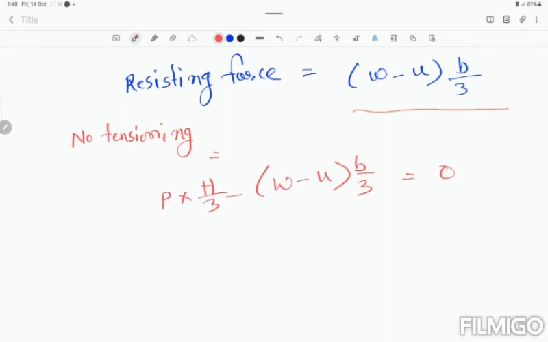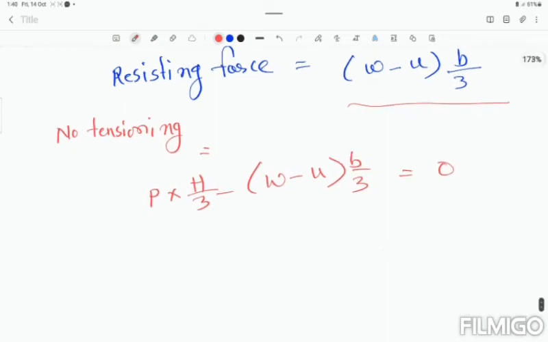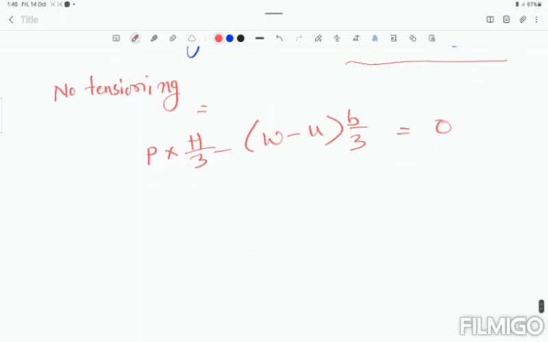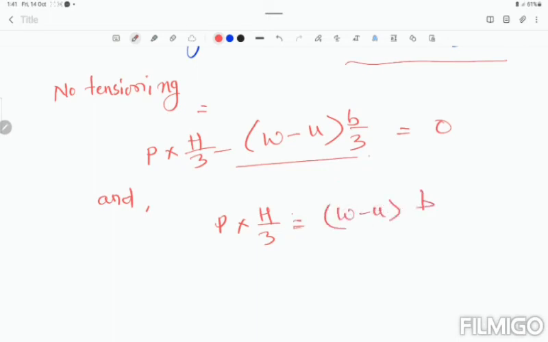Then the forces of equilibrium are satisfied and no tensioning condition arises. Simplifying the formula, when we shift the terms, we get W minus U divided by B by 3.